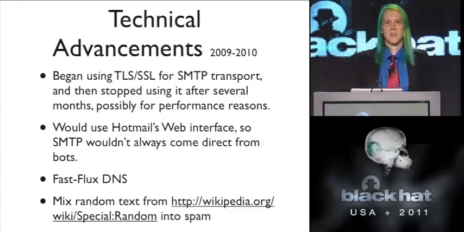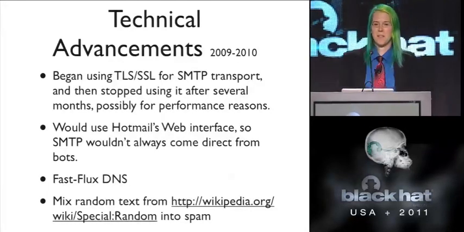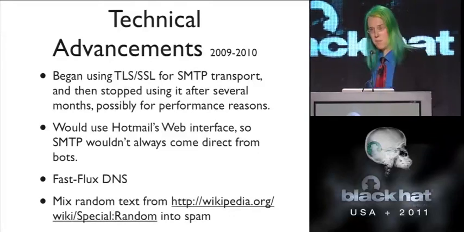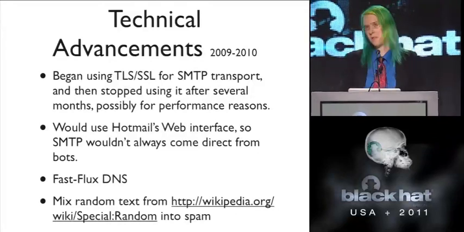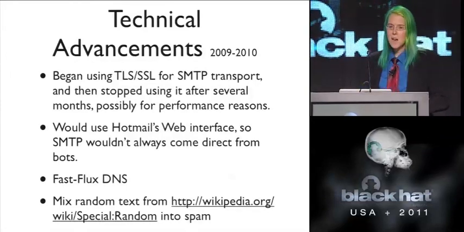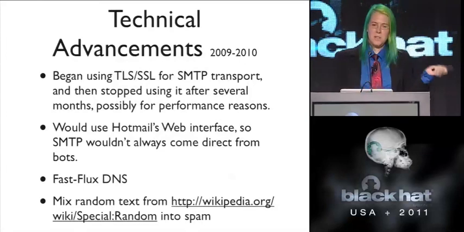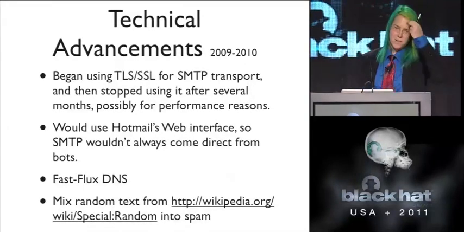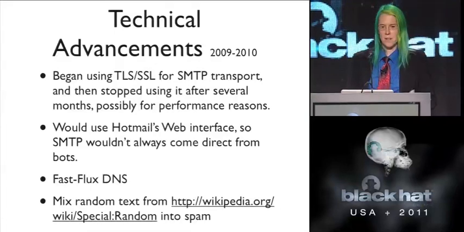And then by early 2010, I guess they stopped doing that, possibly for performance reasons, because if you don't have to do the whole SSL handshake, it's probably a lot faster to pump out billions of emails. They'd also go through Hotmail's web interface if the user had credentials for it.